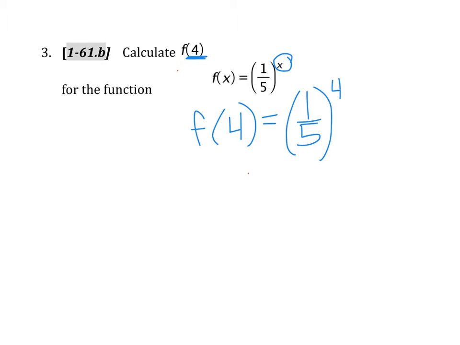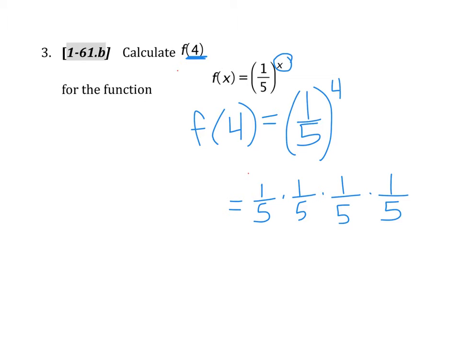So whenever you have an exponent, it's repeated multiplication. So that just means it's going to be 1/5 times 1/5, times 1/5, times 1/5. So that's the same thing as 1/5 to the 4th power.